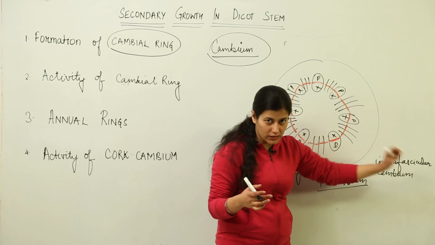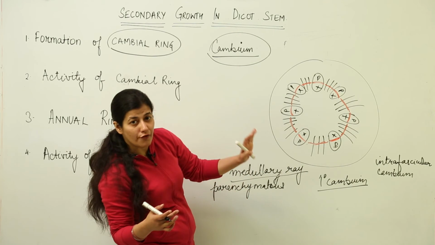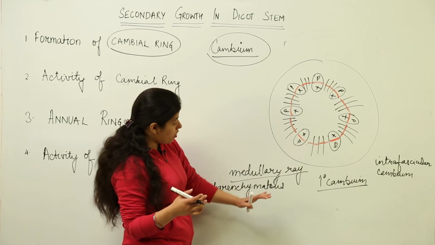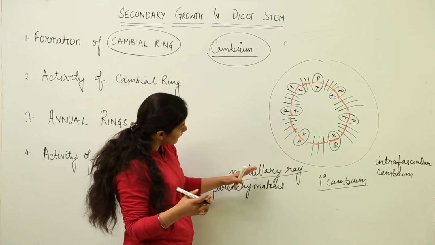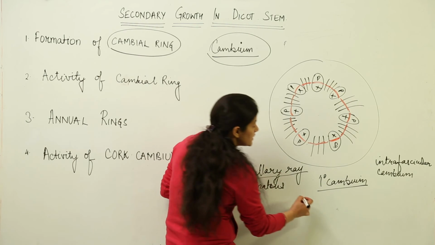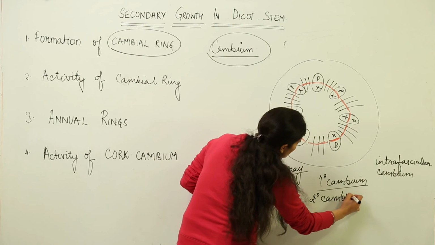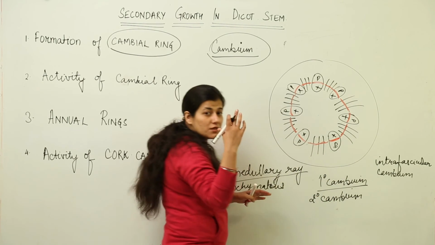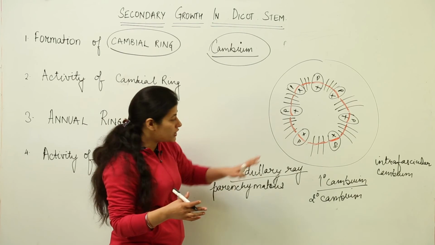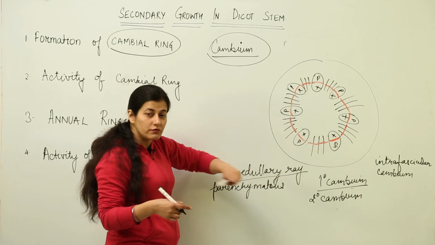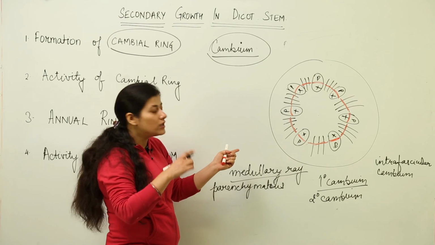The cambium which is formed by the transformation of parenchymatous cells in the medullary ray is the secondary cambium, because it has been formed not by the cells in the beginning but by de-differentiation of the parenchymatous cells, which were at some stage formed by the meristem that was primary.